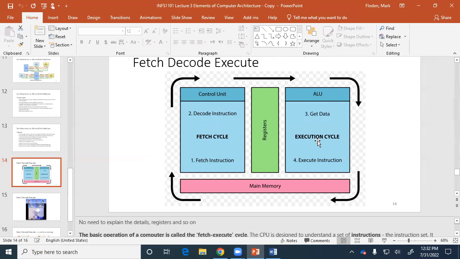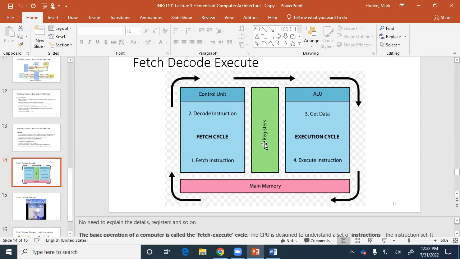ALU stands for Arithmetic Logic Unit. What it does is math, arithmetic, and it does logic. Logic is true, false, if this, then that. That's the type of logic that we do in computing. We have a lot of if statements and branching, and the ALU is going to manage that.